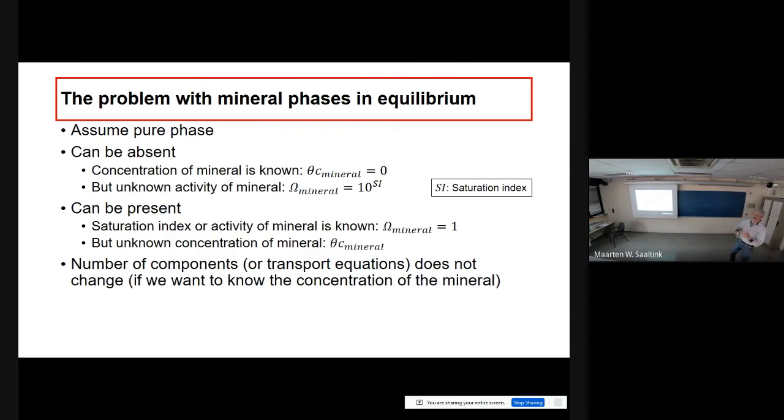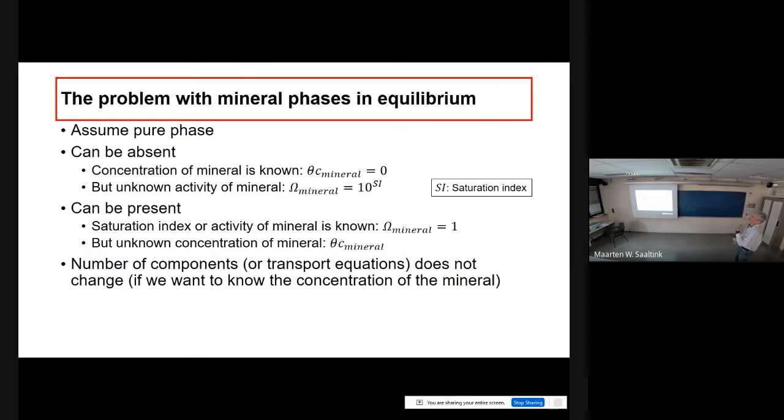It's not mixed with other things. This is contrary to, let's say, water, which has things dissolved in it. But usually for mineral phases, we assume that it is a pure phase.